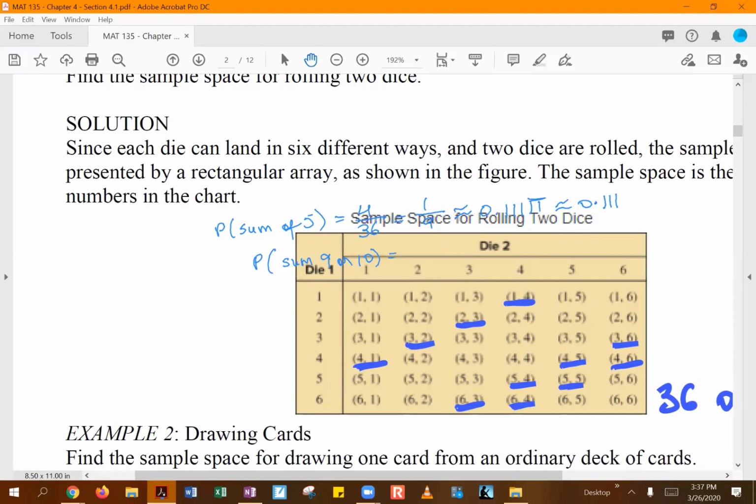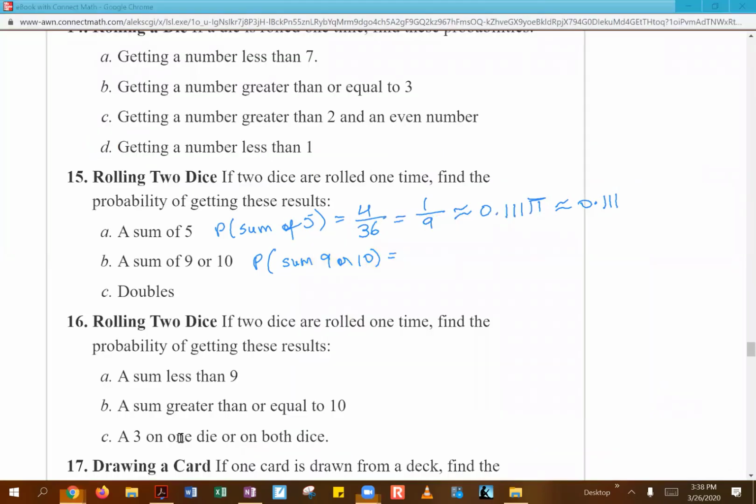So that's actually a total of 1, 2, 3, 4, 5, 6, 7 outcomes that will add up to either a 9 or a 10. So again, 1, 2, 3, 4, 5, 6, 7. So that's going to be 7 out of 36.